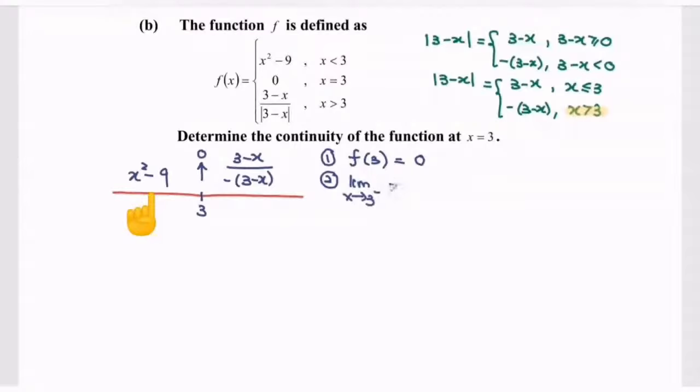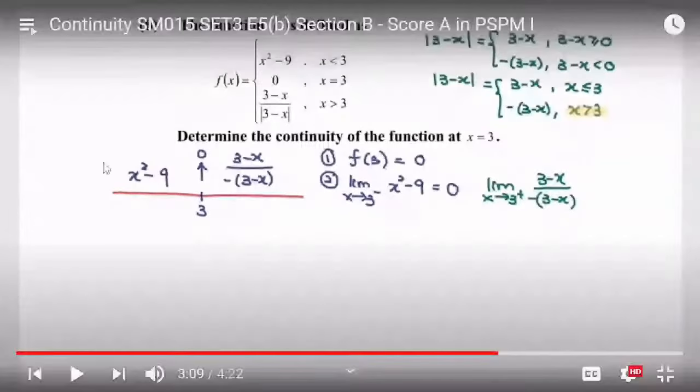Kindly substitute the value 3 into the function and we will obtain the value of y approaching 0. Next, limit when x approaches 3 from the right, for the function 3 minus x over 3 minus x with a negative. So do you see how it is used? If it is left, I see left. If it is right, I see right, very clearly. But you have to make the effort first. Understand? You must make the effort first. Okay? My purpose is to let people see what is happening.